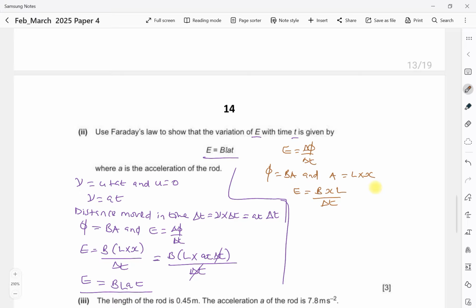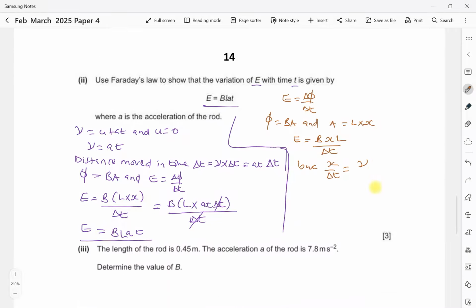But x divided by the time delta t is equal to the speed v. Distance over time is the speed, and we know that speed v is equal to u plus at, and of course u was equal to 0. So the speed v is going to be equal to a times t.